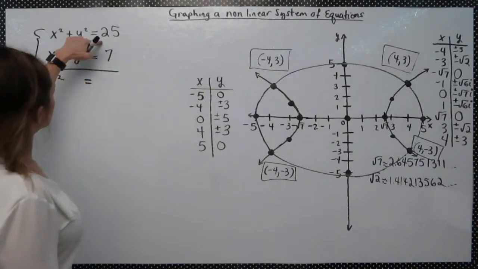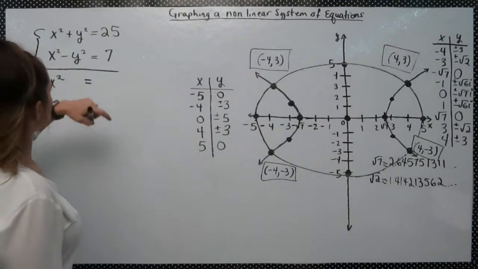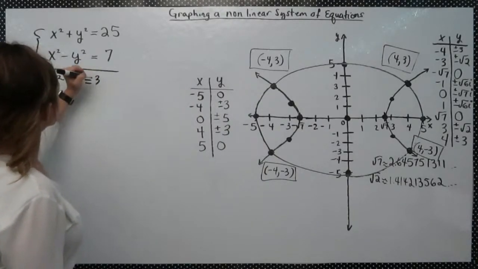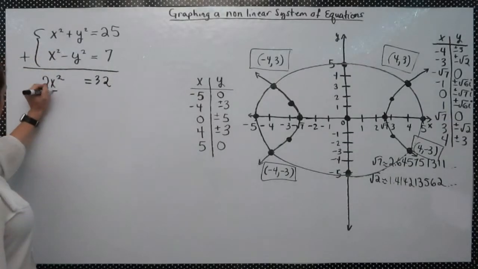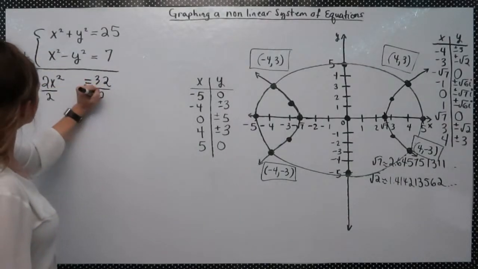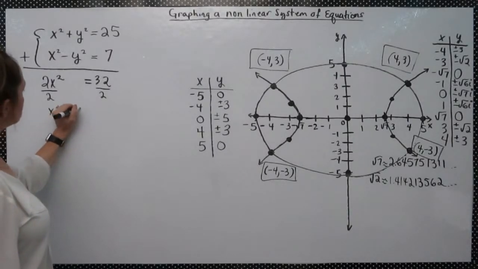And then I got 25 plus 7, so that is going to be 32. So I've got to divide both sides by 2, and x squared equals 16.